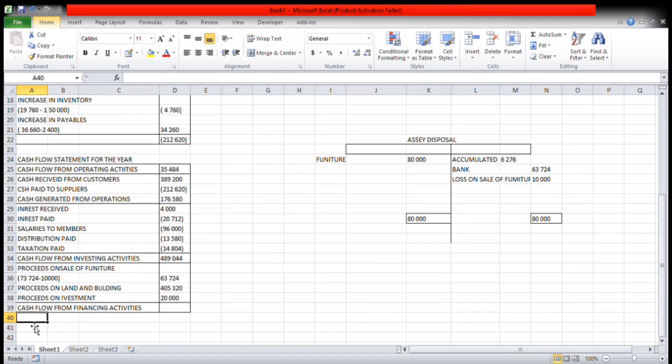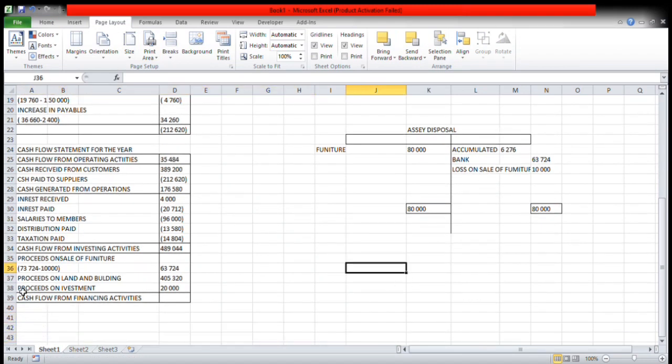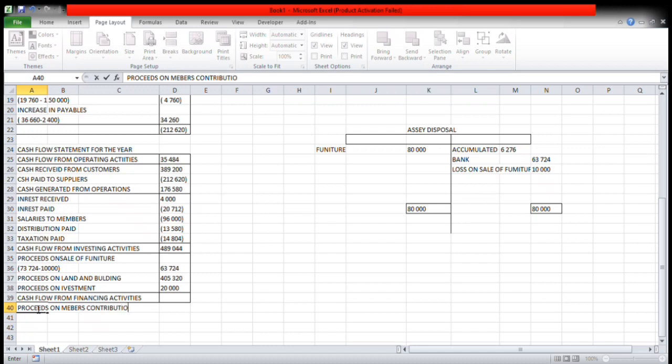So we're going to have the proceed on members' contribution, and the difference was 30,000. So it's an inflow.